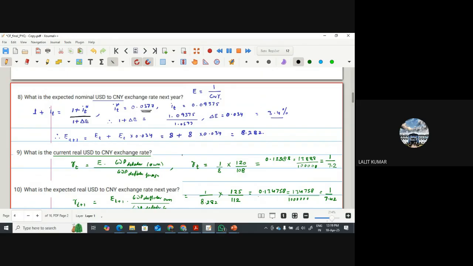So from here we get the 1 plus delta E value, which comes to delta E equal to 0.034. And now putting this delta E into the formula of ET plus 1, we get the expected nominal rate, which is ET plus 1. Is this okay? This question was in continuation, or shall I solve it again?